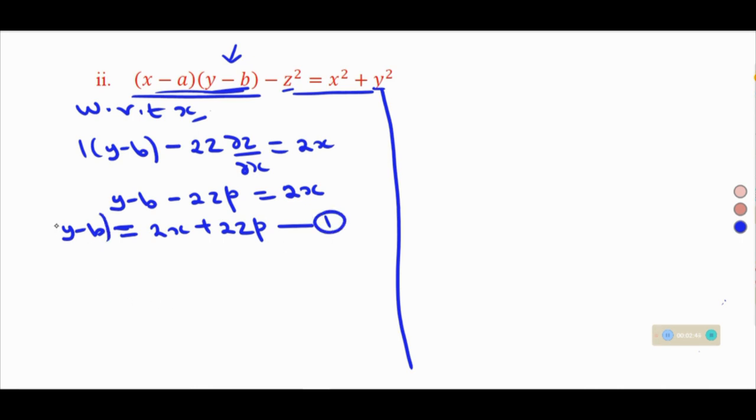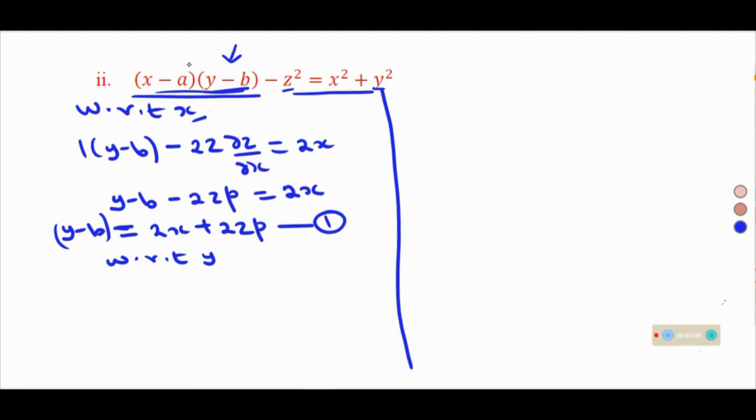Now let us go on and get this expression here. I will differentiate that expression with respect to y. Now when we differentiate with respect to y, what shall we have? We shall treat x minus a as a constant because we are differentiating with respect to y. Then x will be considered as a constant.